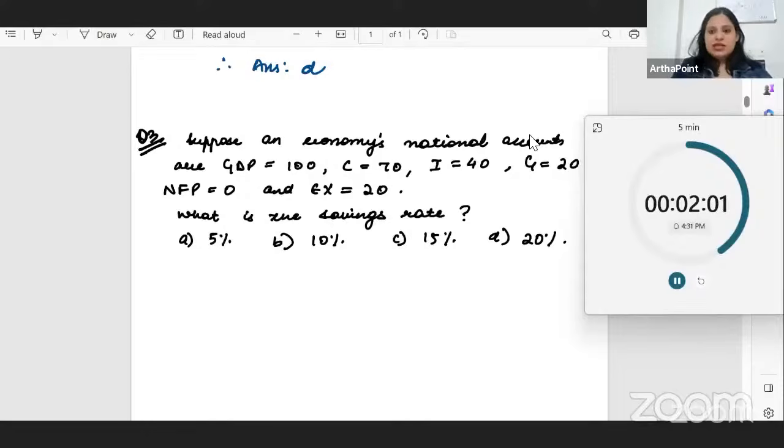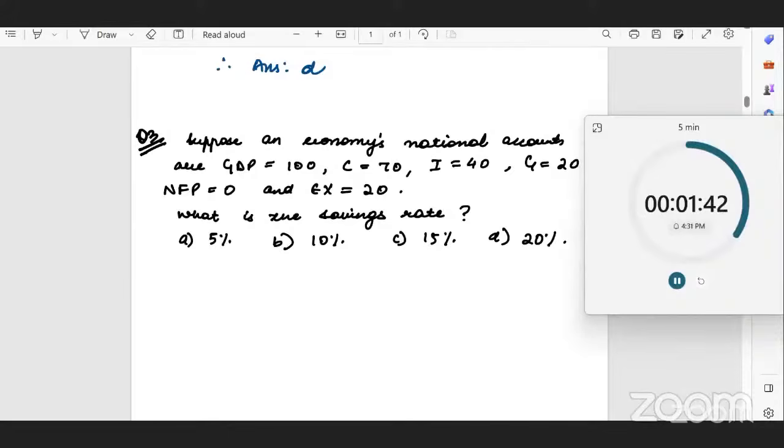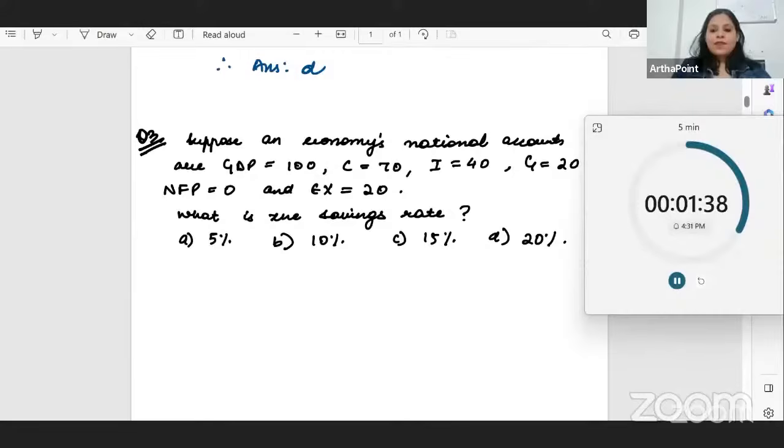Okay, one answer that we have received is C. Just a hint here, see that you are given exports only.